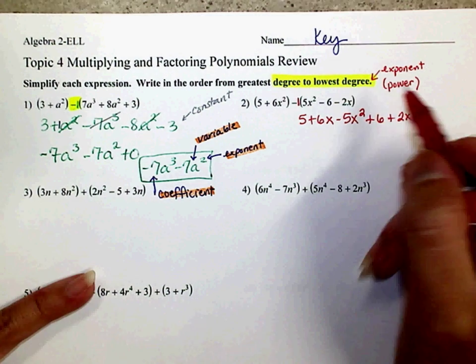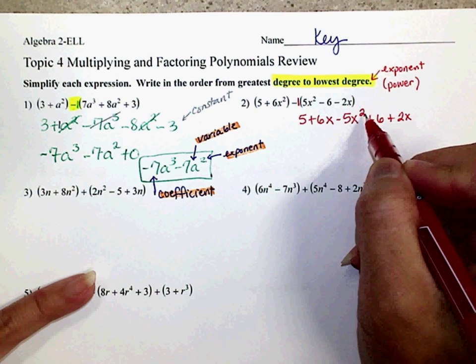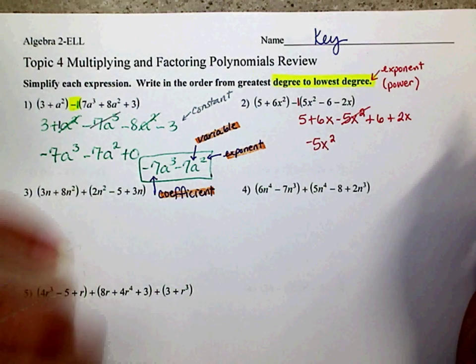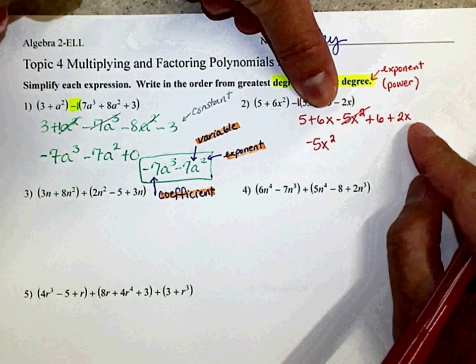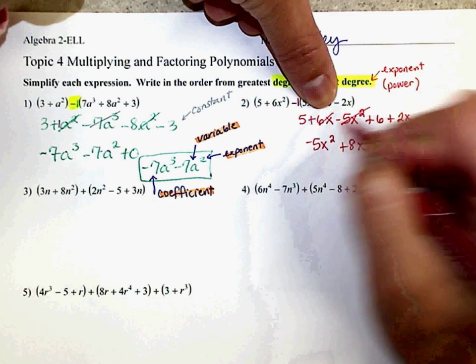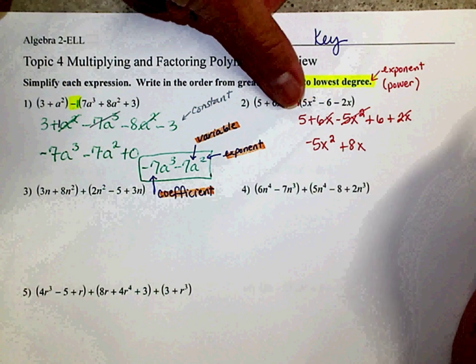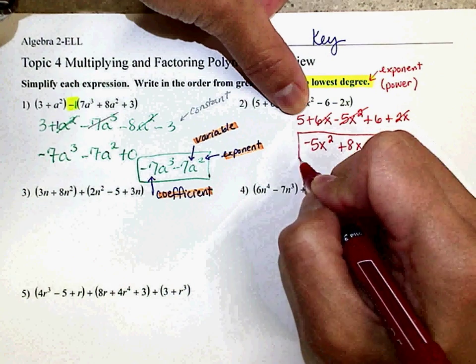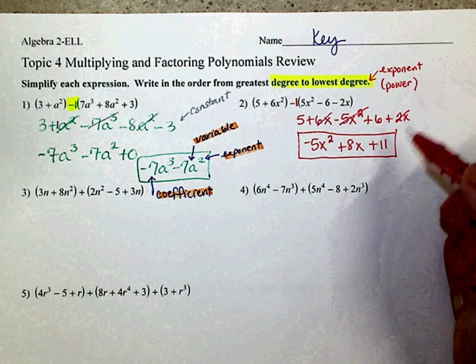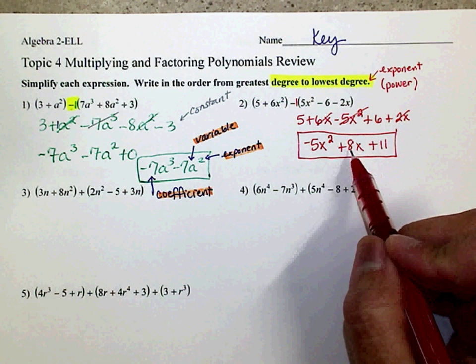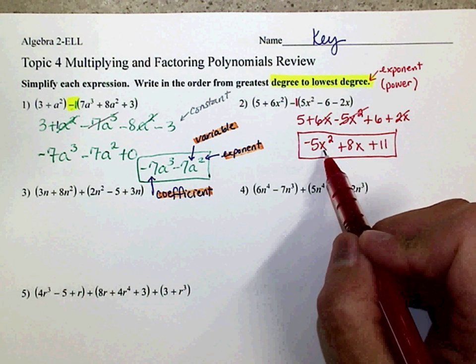The only one I see that's high right now is a square, and I don't see another one, so I'm going to bring that down. You've got 6x plus 2x, that gives you 8x. And now you've got 5 plus 6, which is 11. So there you have your constant.